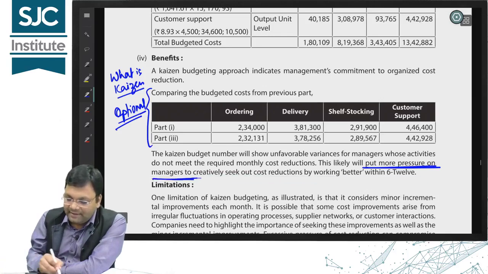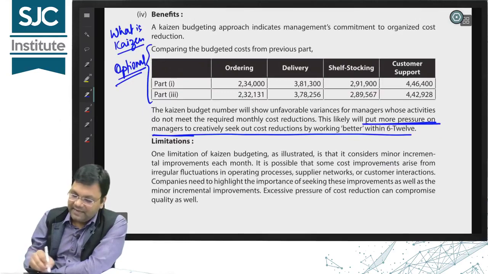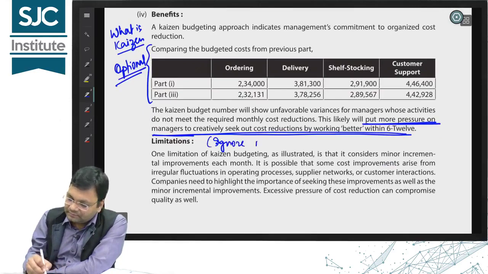And limitation of Kaizen is what? What is the limitation of Kaizen? The main limitation of Kaizen is that it ignores major improvement. Only minor improvement is not enough. Now how can major improvement come?